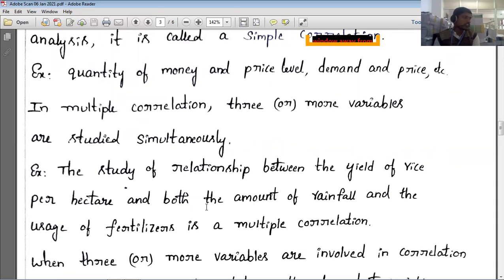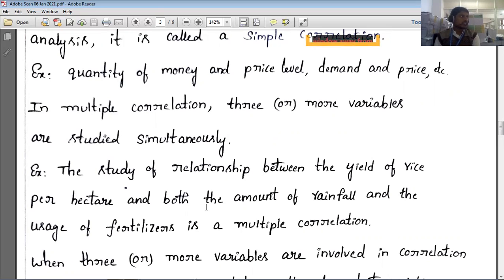If you are producing rice, what do we require? Fertilizers as well as rainfall are required. So rice is equal to rainfall plus fertilizers. Rainfall is one variable, rice is one variable, and fertilizers is one variable.